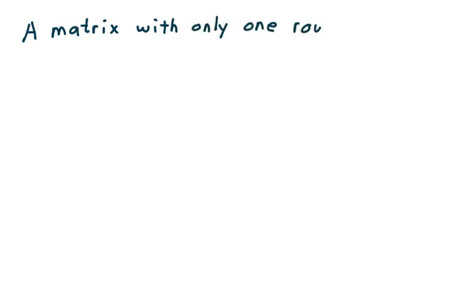Now, a matrix with only one row is called a row vector. So a matrix with only one row is called a row vector.